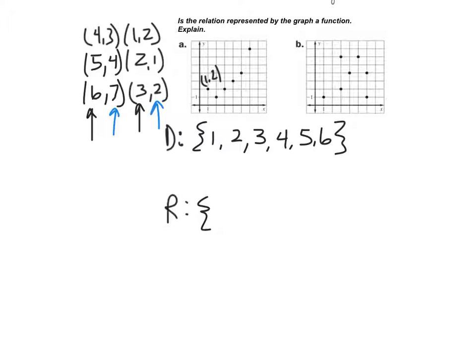So the range here is 2, 1, 2, 3, 4, and 7. All right, so now go back in class and you should be able to figure out domain and range, both from ordered pairs and, in this case, from ordered pairs on a graph.